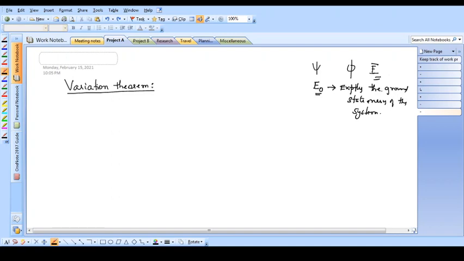Now this variation theorem makes a comparison between the values of average energy and the ground state energy. So according to variation theorem, I will state what is variation theorem here.